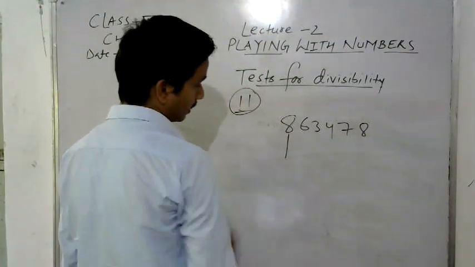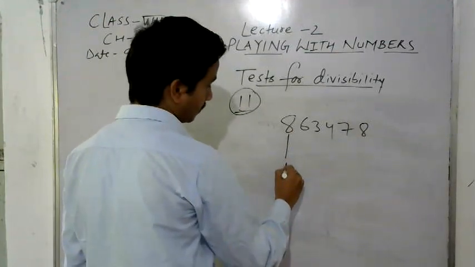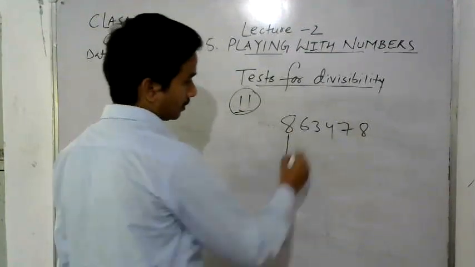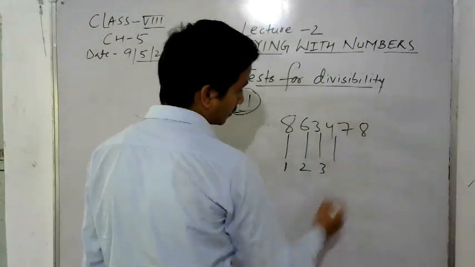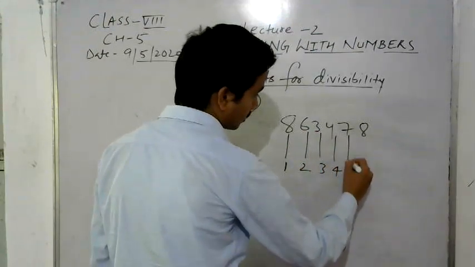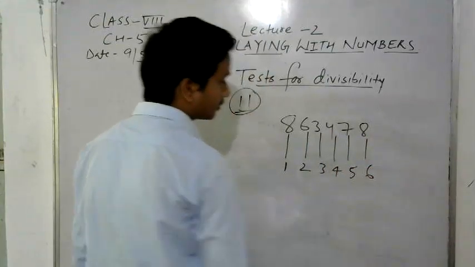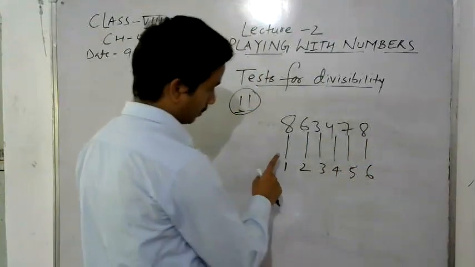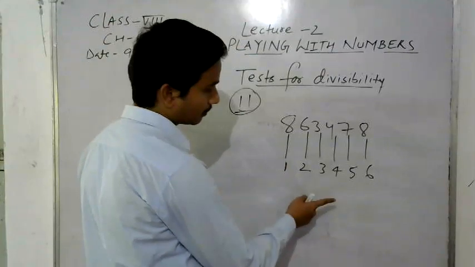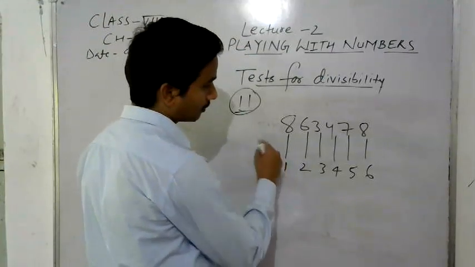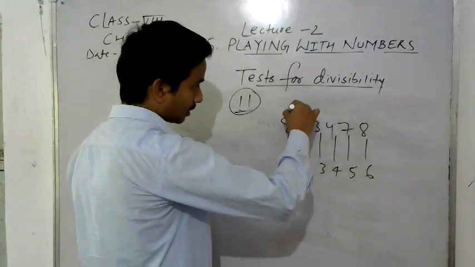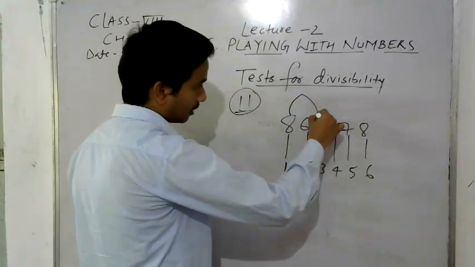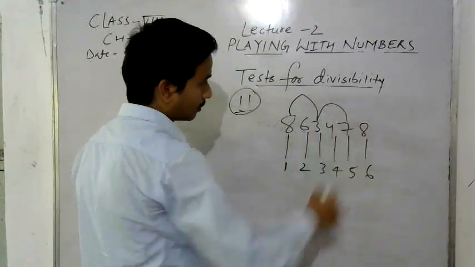This is the digit at first place. This is the digit at second place. This is the digit at third place. This is the digit at fourth place. This is the digit at fifth place. And this is the digit at sixth place. Now, you have to select the digits at odd places and the digits at even places.